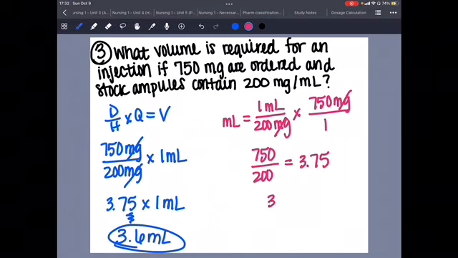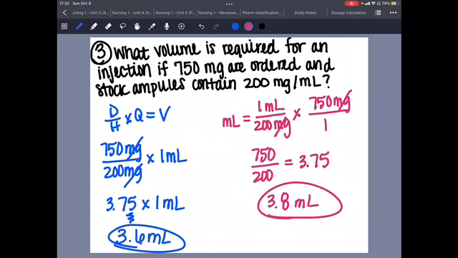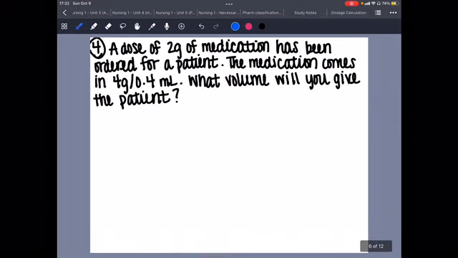And then you should get 3.75. Round up, you should get 3. My mistake. That's supposed to be 3.8, not 3.6. My apology. You should get 3.8 mLs. I'm going to change that so it reflects what I found. So yeah, that was my mistake. You should get 3.8 mLs because that 5 you're going to round up, no matter which method you choose.